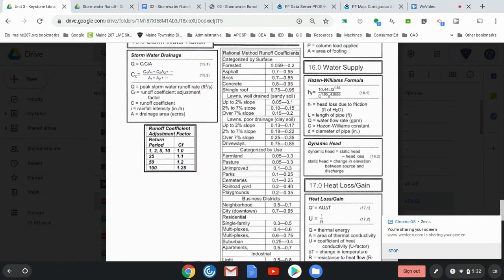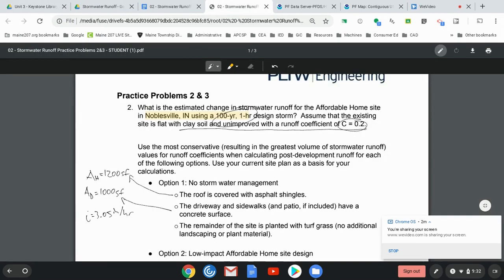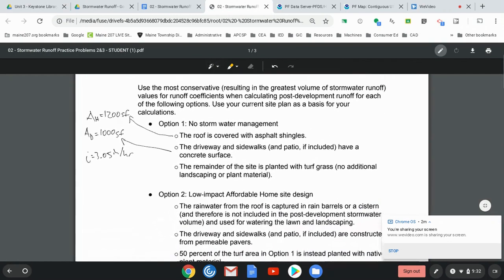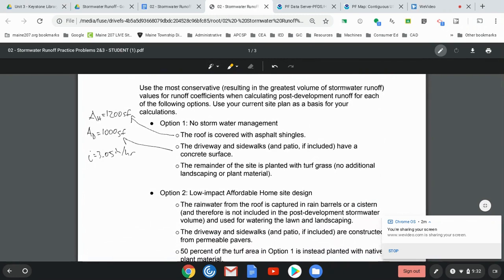They're just saying to use a poor drainage clay soil, 0.2, just to make our life easy. So C is 0.2. And we're going to do two different analyses for the post-development. There's going to be an option 1 and option 2. I'll go over that as soon as I'm done with the pre-development.